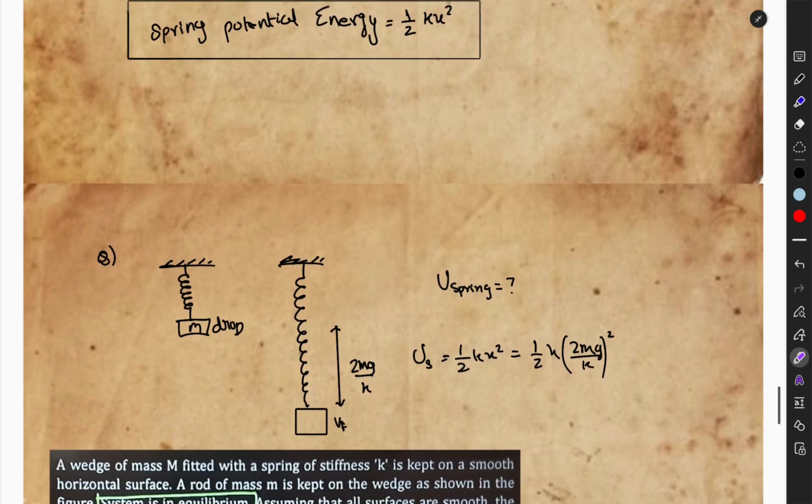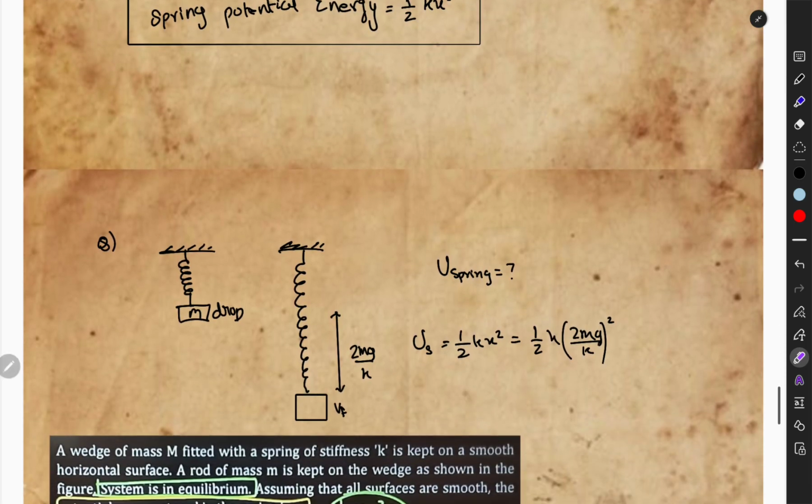Next thing is, let's take a spring connected to a block, and we are going to drop the block, and let's say it goes down, and we can definitely say mg is going to be acting.